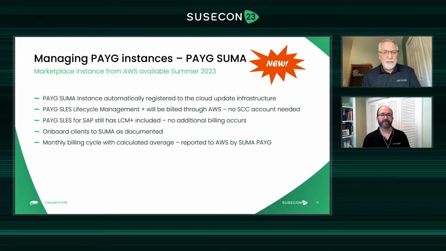What happens is it automatically allows you, once you register your pay as you go instance to that pay as you go SUSE Manager, the billing is sent up through the hyperscaler. We're starting with AWS because we have way less pay as you go instances running in AWS than we do on either of the other two hyperscalers. So we're starting there because we're trying to answer the market need for this.